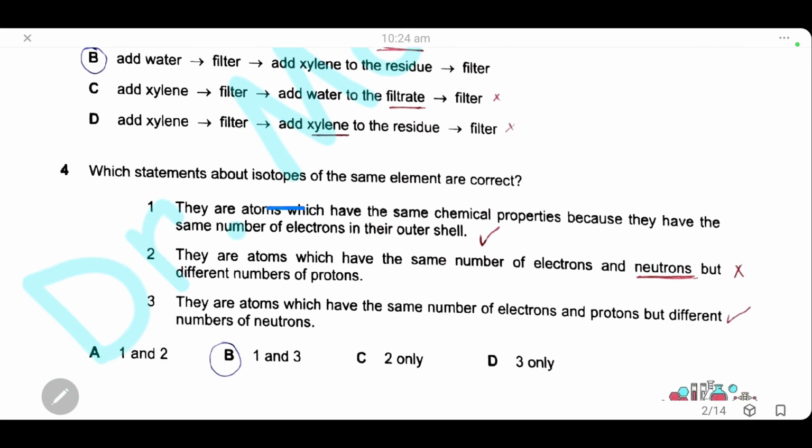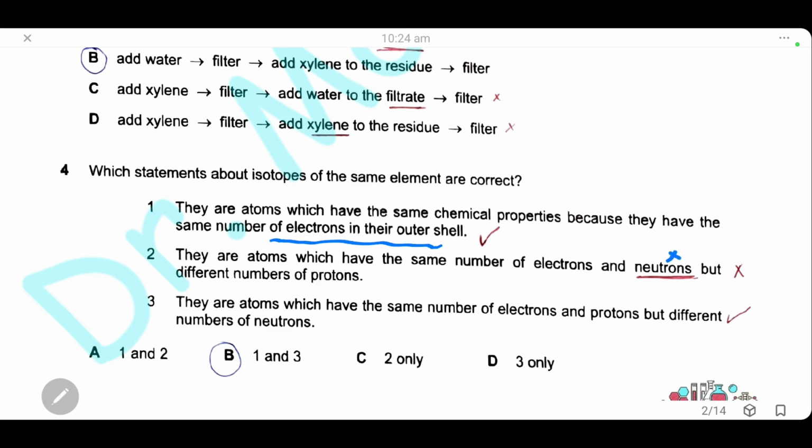Question 4. Which statements about isotopes of the same element are correct? Isotopes are atoms which have the same chemical properties. Yes, they have the same chemical properties because they have the same number of electrons in their outer shell. They have the same number of protons and the same number of electrons, so this statement is correct. They are atoms which have the same number of electrons and neutrons.